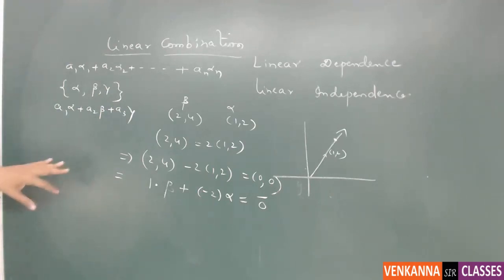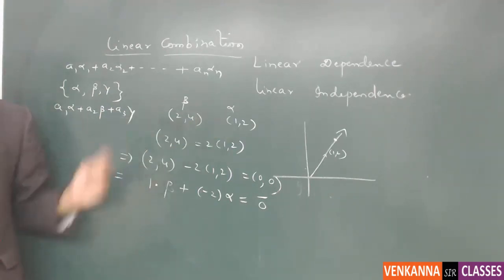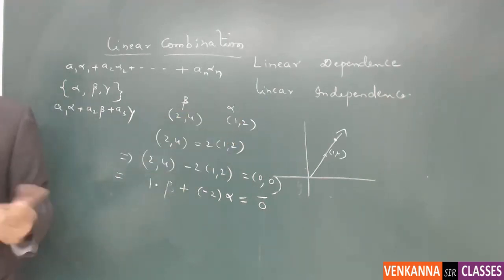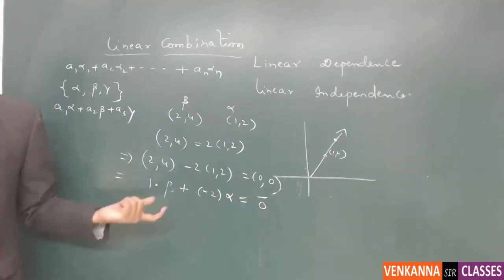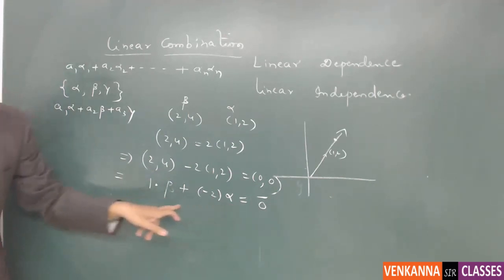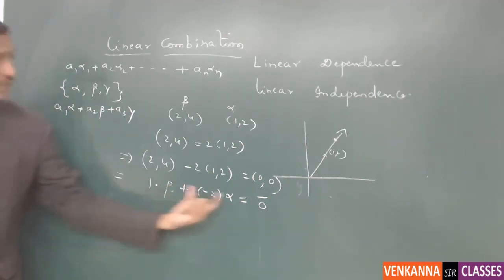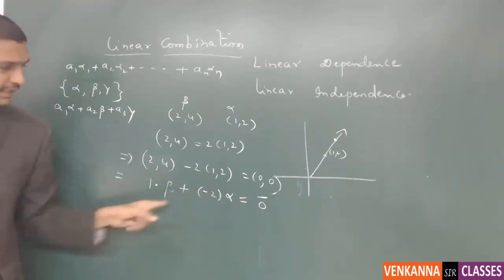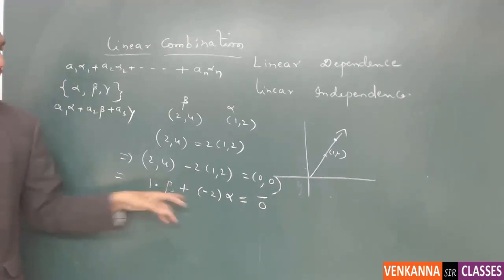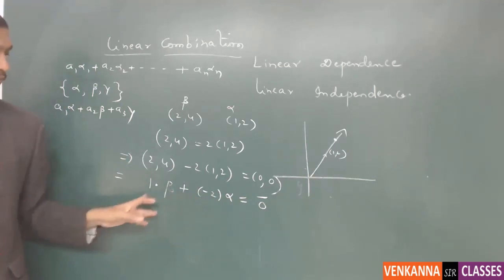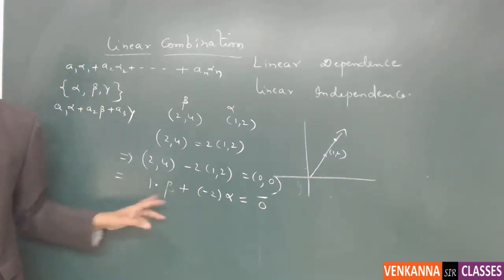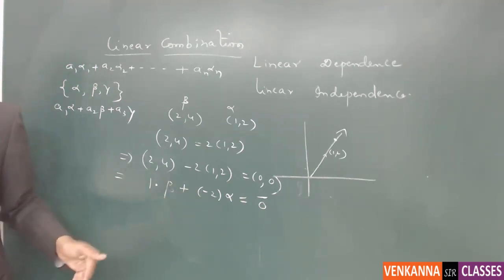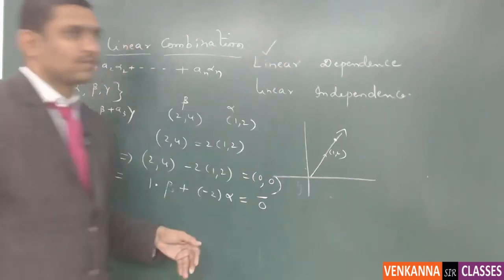So if you observe that here the vectors alpha and beta are linearly dependent, so you can write that you can have a linear combination. The result of the linear combination is 0, and in that linear combination scalars are possibly non-zero. So what is the definition of linear dependence?